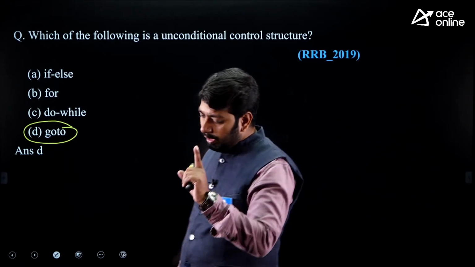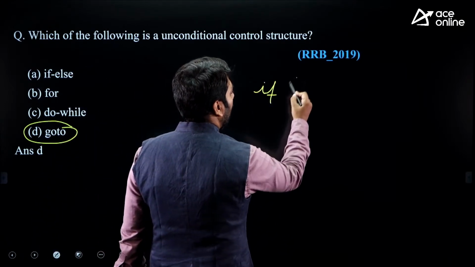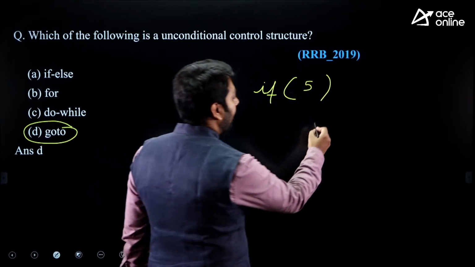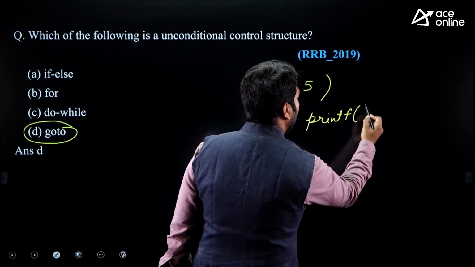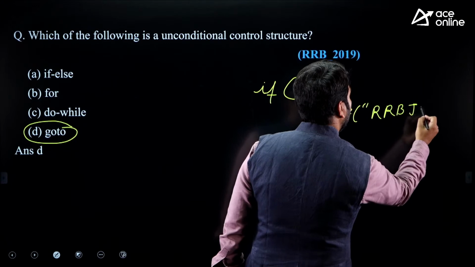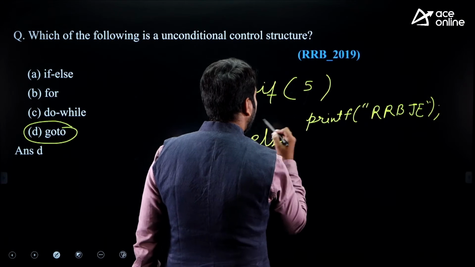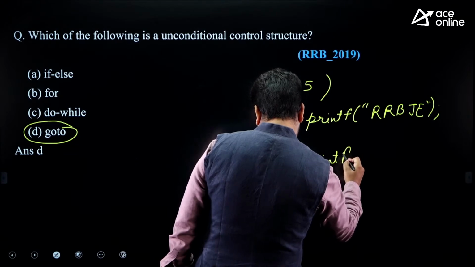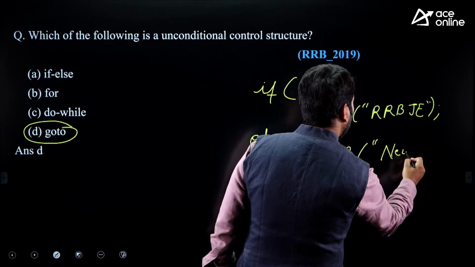Let me tell you one more thing about the previous question. If I write if (5) and here I am writing printf RRB JE, else printf new.